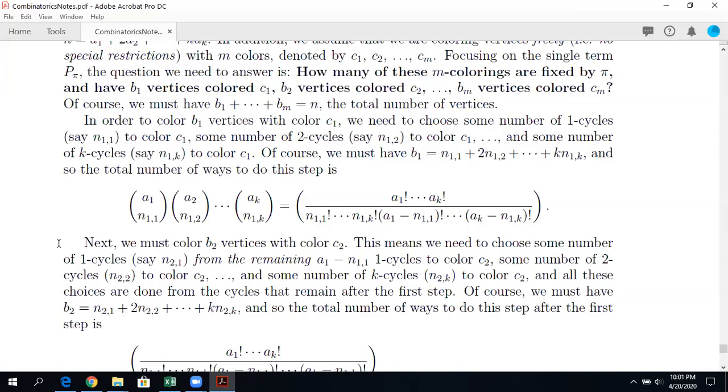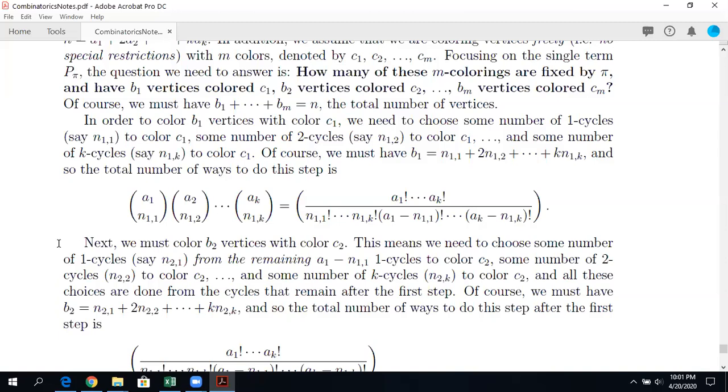So N11 1 cycles are going to get colored C1. Some number of 2 cycles, we'll call that N12, since we're talking about color 1 this entire time. And remember, we want B1 vertices total to get color C1. So we're going to select N1,2 2 cycles to get color C1.